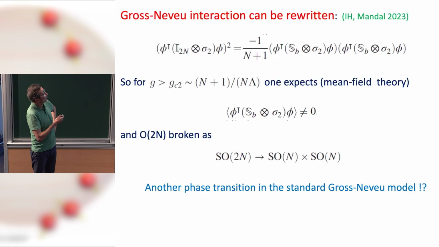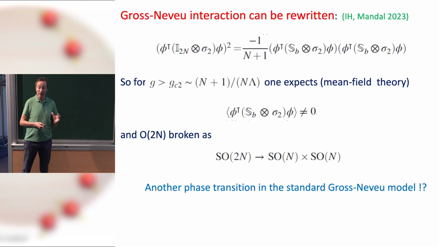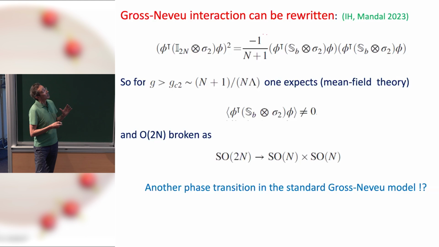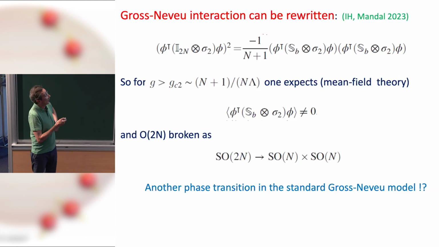So here's my main point. Gross-Neveu interaction, which is maybe better written in terms of Majoranas like this, basically looks the same way in terms of Majoranas, except that, of course, this is a larger matrix, can be written in different ways. For example, obviously, it's a scalar under On, so you can imagine that you can write it by using these traceless symmetric matrices that basically transform also as the irreducible representation under On.